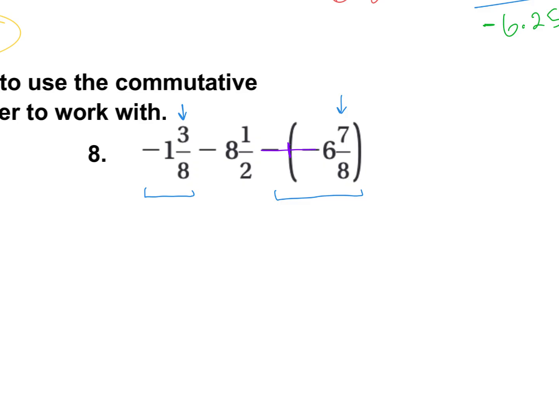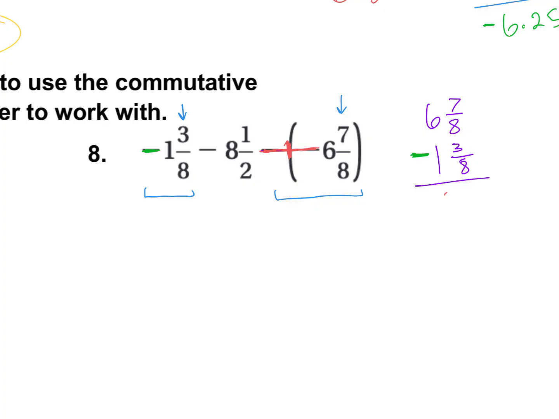What's going to happen is we basically have 6 7/8 minus 1 3/8. How do I know this? Well, because right here it says this is positive, right? And then we are going to be subtracting 1 3/8. So this is easier than you might think.